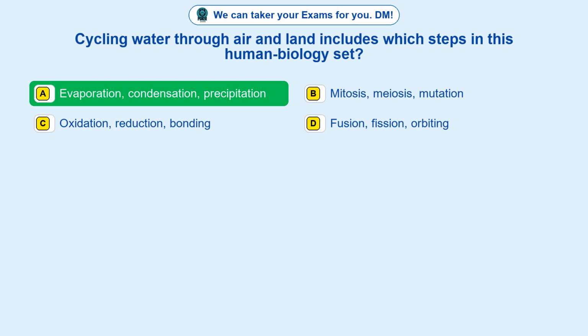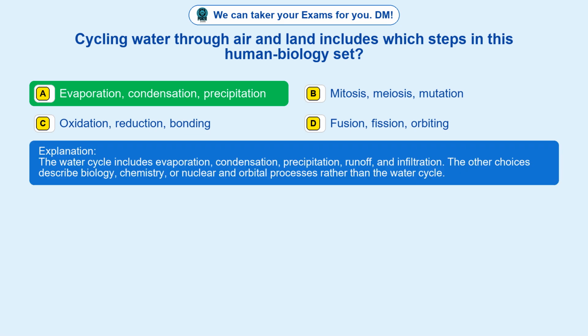The correct answer is option A, evaporation, condensation, precipitation. The water cycle includes evaporation, condensation, precipitation, runoff, and infiltration. The other choices describe biology, chemistry, or nuclear and orbital processes rather than the water cycle.